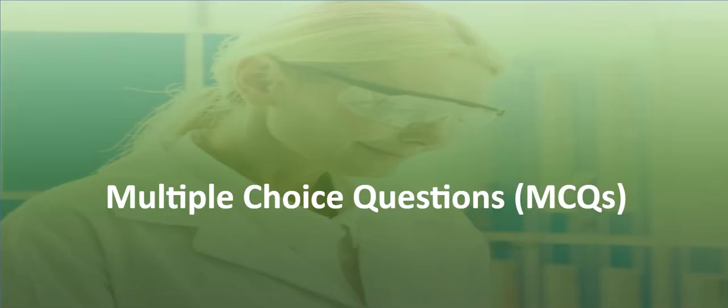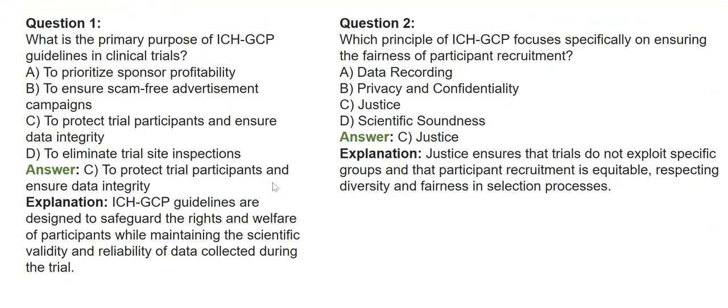Next, we'll come to some examples through multiple choice questions, MCQs, as of question 1. What is the primary purpose of ICH-GCP guidelines in clinical trials? Is it A, to prioritize sponsor profitability, B, to ensure scam-free advertisement campaigns, C, to protect trial participants and ensure data integrity, or D, to eliminate trial site inspections?